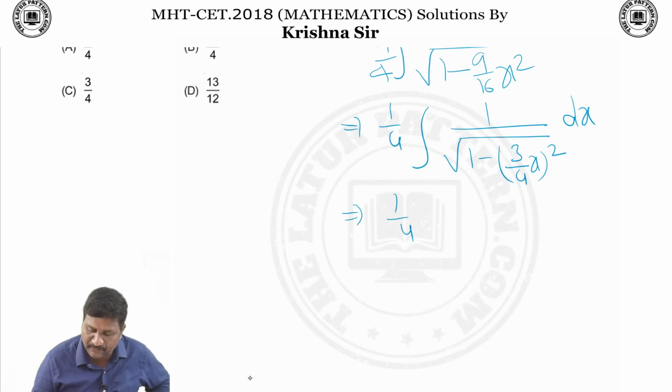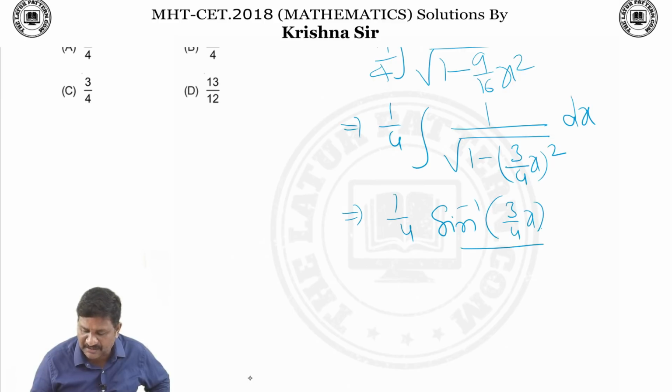So 1 by 4, here the integration of 1 by root over 1 minus x square is sine inverse x. But in place of x, we have 3 by 4 x, so its inner derivative, 3 upon 4, comes, plus c.